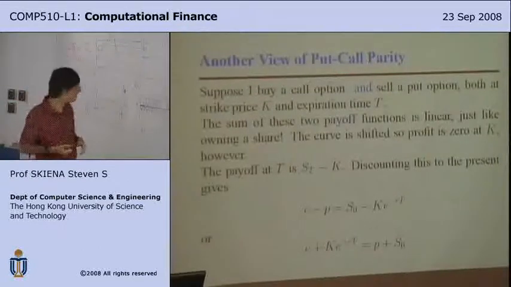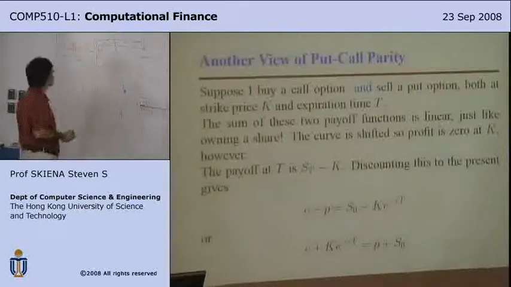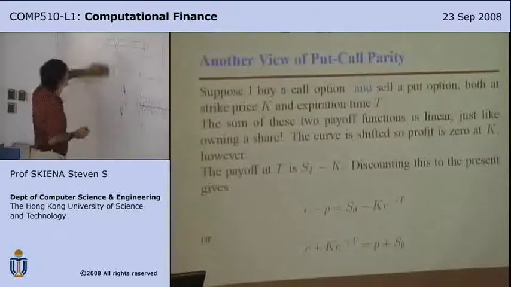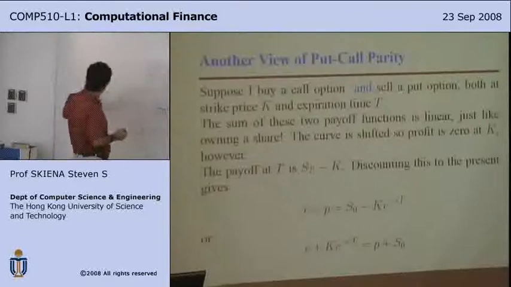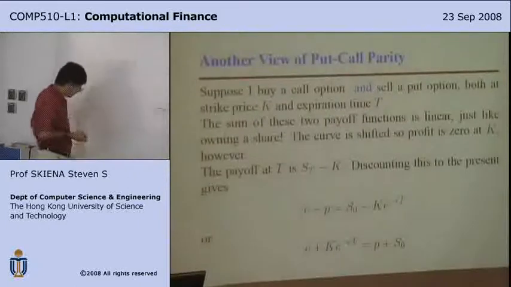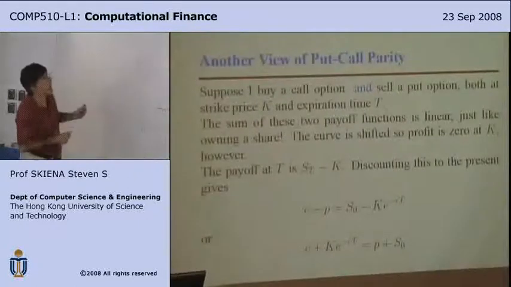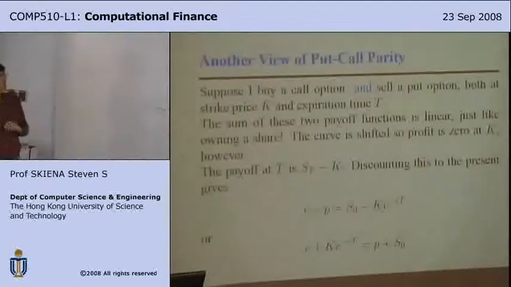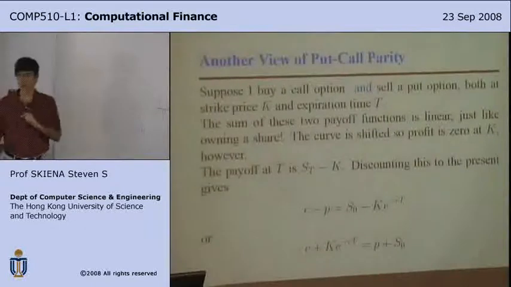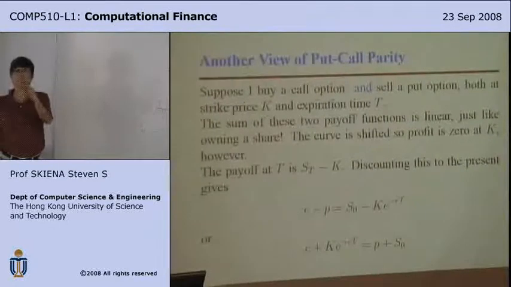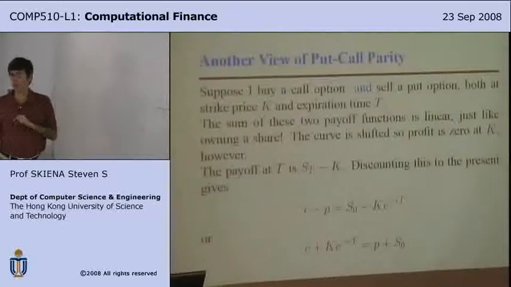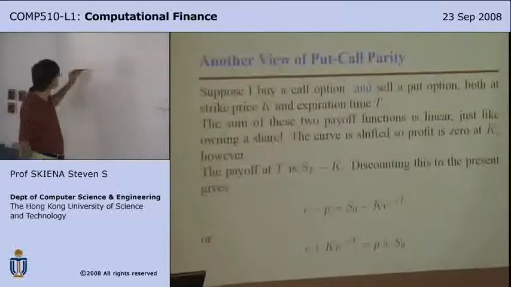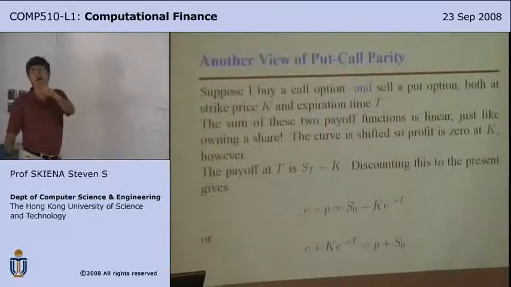Okay, and this may be a more visual way to look at it. Suppose I have a portfolio where I buy a call option at strike price K, and I sell a put option at K. What is going to be the payoff for the call option that I own?